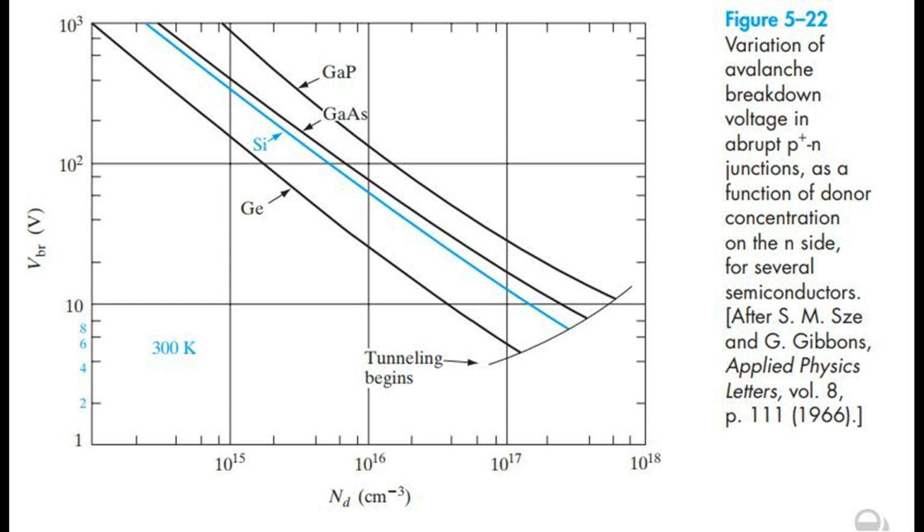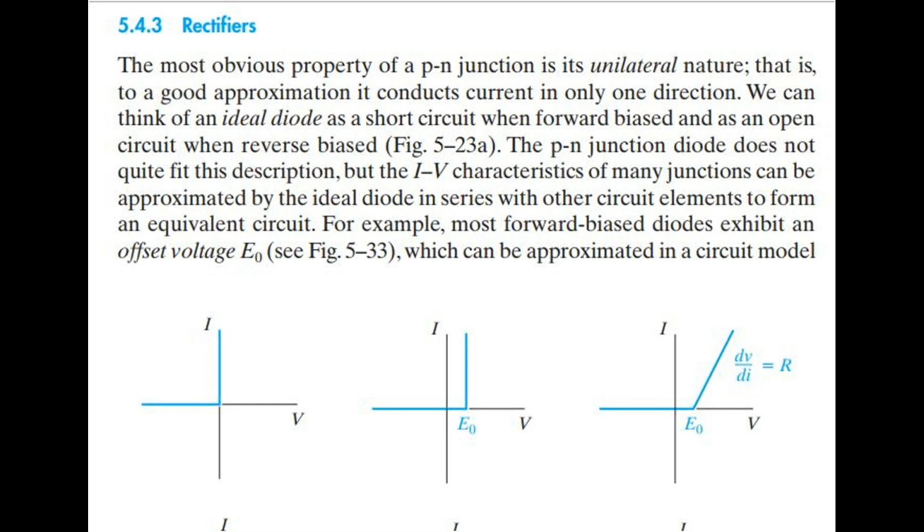Rectifiers. The most obvious property of a p-n junction is its unilateral nature, that is, to a good approximation it conducts current in only one direction. We can think of an ideal diode as a short circuit when forward biased and as an open circuit when reverse biased, Fig 5-23a.